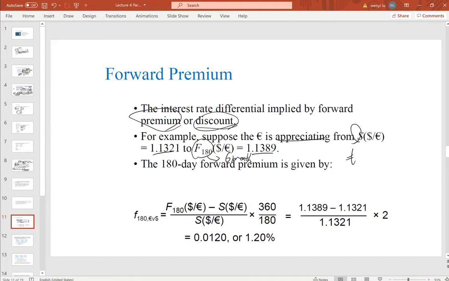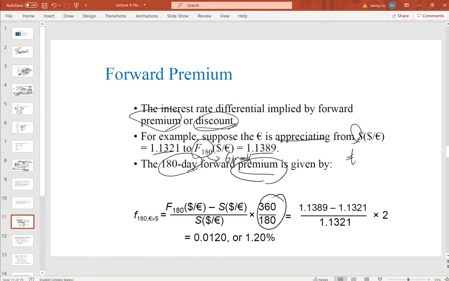And we try to solve the premium. Premium is a term. It's not for certain months. It's standardized for a whole year. But our contract is only for 6 months, so you must what? You must times 2 to get an annualized premium.